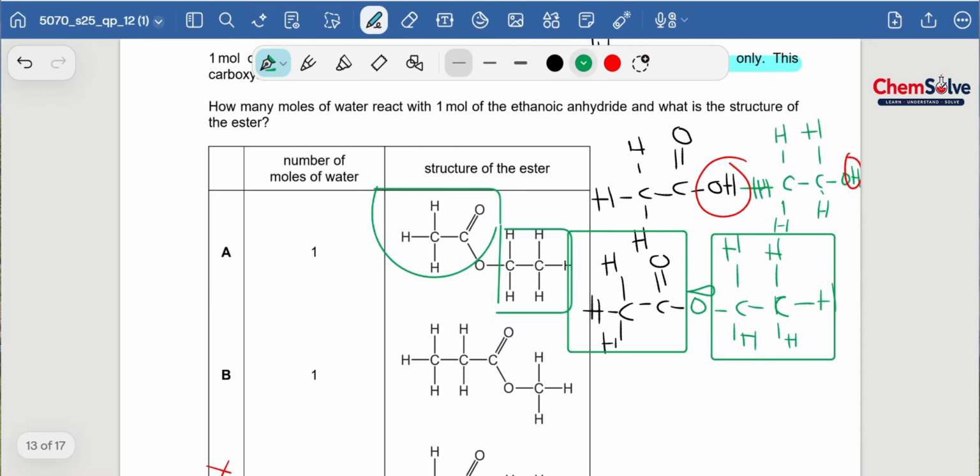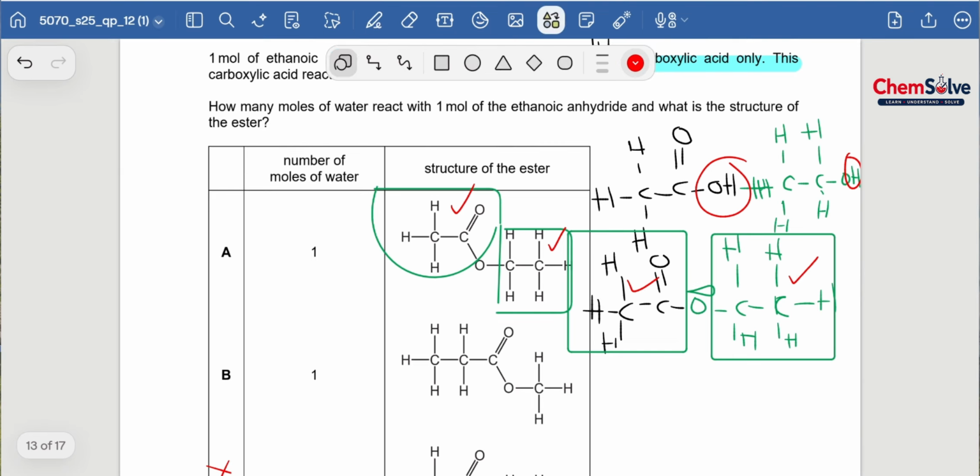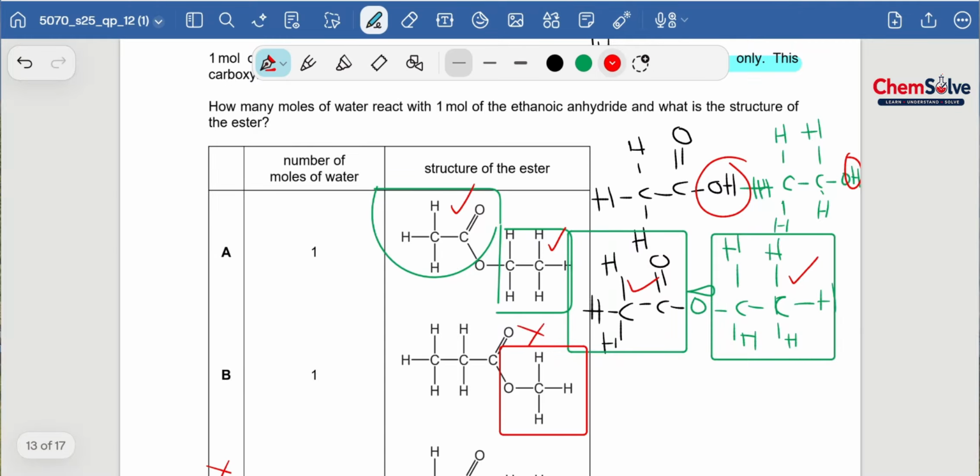You can see 2 carbon are here, 2 carbon are here, 2 carbon are here, and 2 carbon are here. This couldn't be the option because it has only 1 carbon here. So this is an incorrect option. That's why option A is the correct one.